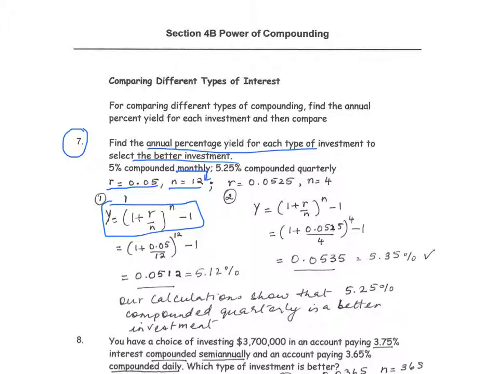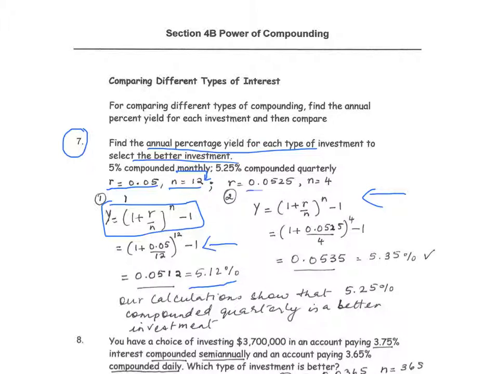Plug the numbers into the yield formula, enter all the numbers into your calculator, and get 5.12%. So 5.12% is the simple interest rate that will give us the same returns as a 5% interest rate compounded monthly. Now let's compare this to the second account.